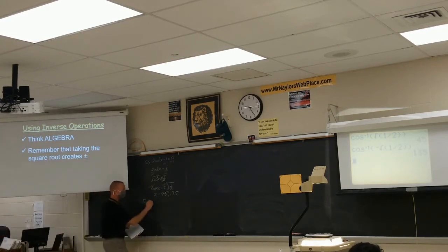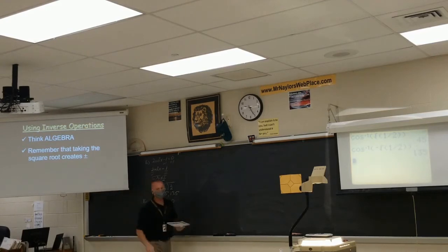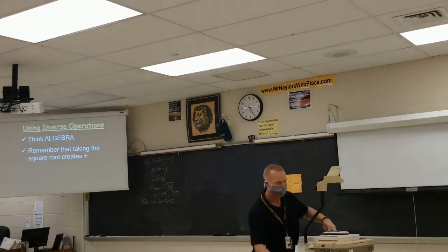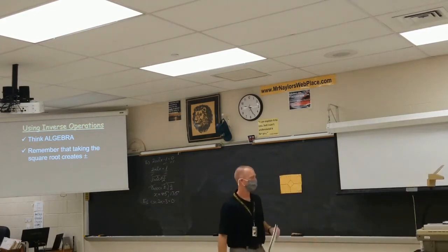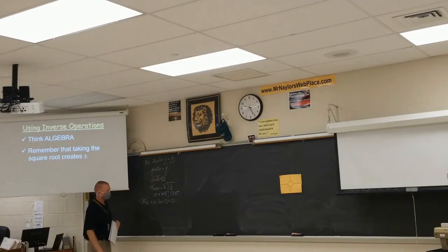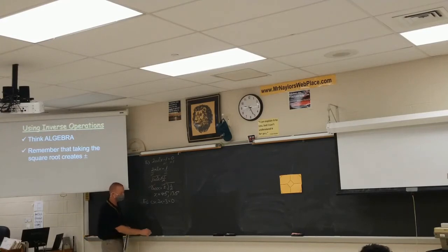It's going to be the cosecant of 2x minus 3 equaling 0. The cosecant of 2x minus 3 equaling 0. Now, maybe that cosecant gets your attention. We'll deal with it. It requires a little bit of a fancy move, but let me talk about grouping symbols for a moment.